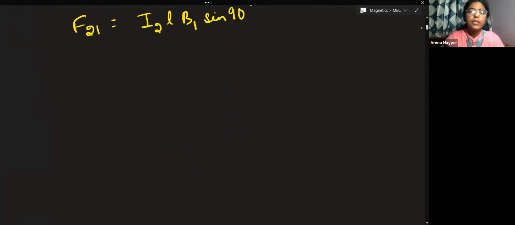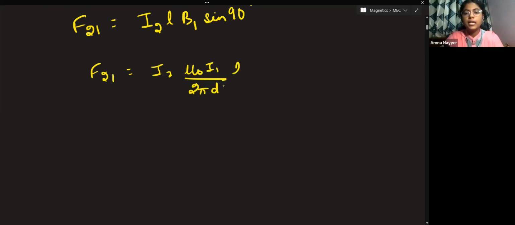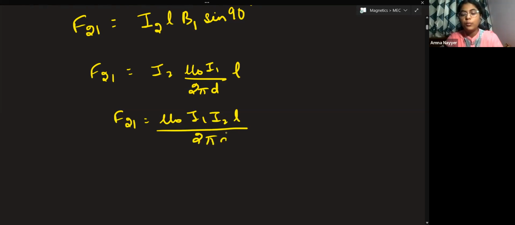What will it become? F21 will become I2 into mu naught I1 divided by 2 pi d into L. Let me write it properly. This becomes mu naught I1 I2 L divided by 2 pi d. This is the force on the second conductor due to the first one.